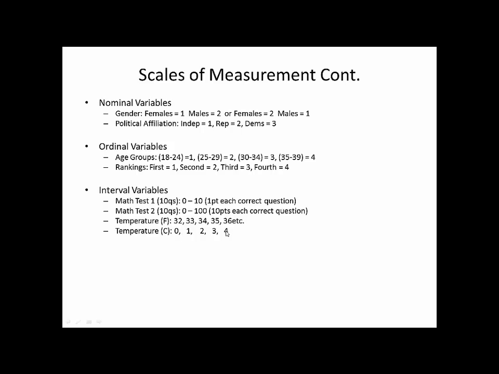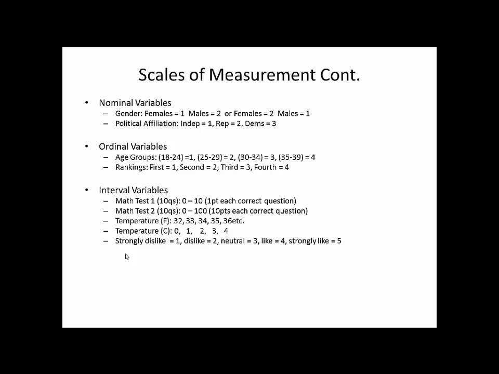So you have the same scale, but the starting point is different because the 0 does not mean the absence of temperature. It just means that's where the freezing point is. Okay, then you can go -1 if you go further down the line. But these numbers basically correspond with one another. So again, the 0 does not indicate the absence of something. It's just an arbitrary number. Okay?